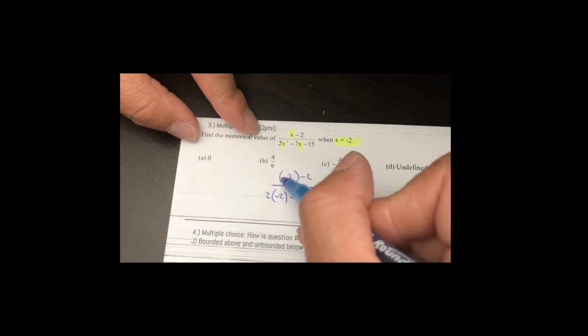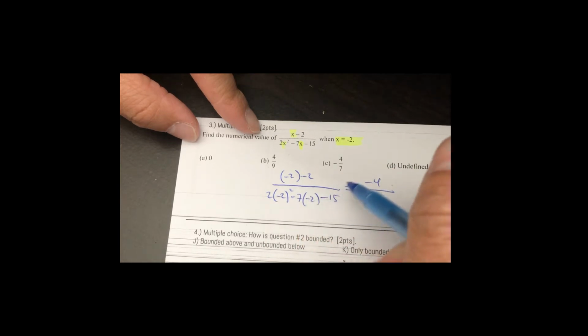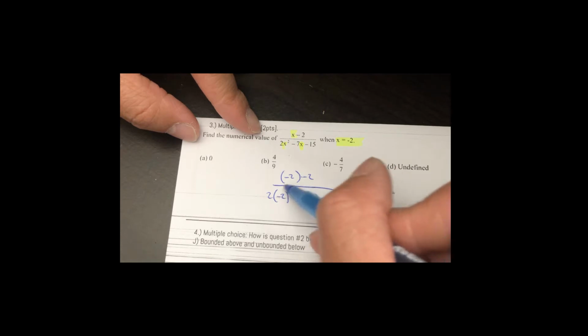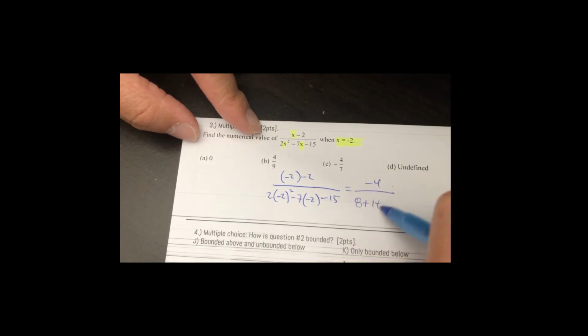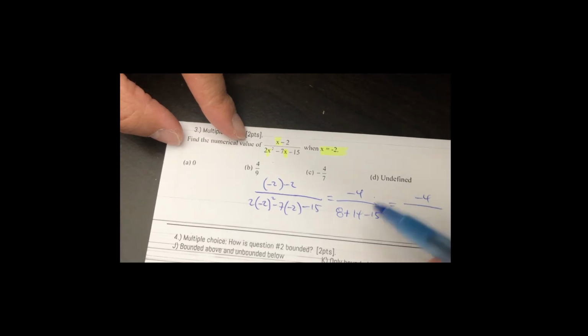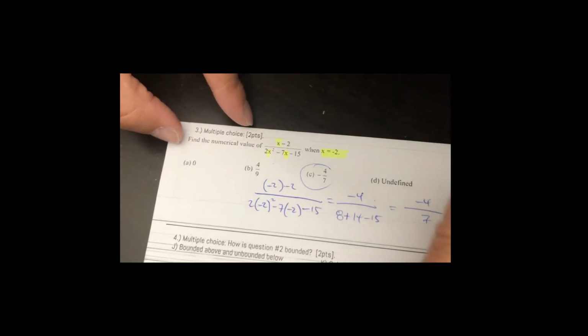And then this will become -2 minus 2, which is -4. Remember using PEMDAS to simplify here, so -2 times -2 is 4, and then 4 times 2 is 8. -2 times -7 is positive, so you have 22 minus, that'll be -4/7. That'll be choice C.